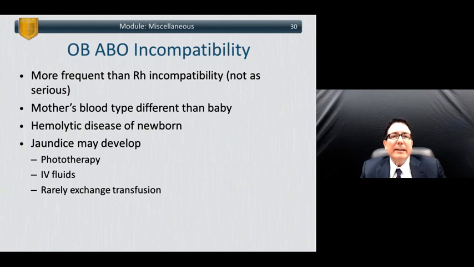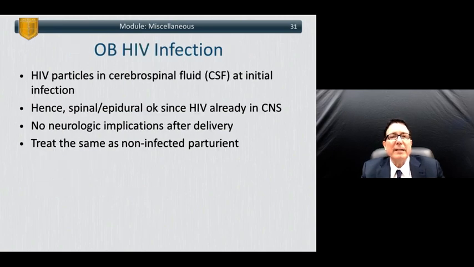ABO incompatibility is more frequent than Rh incompatibility and not as serious. Mother's blood type different than the baby's can cause some hemolytic disease of the newborn with jaundice needing some treatment, albeit rarely exchange transfusion.